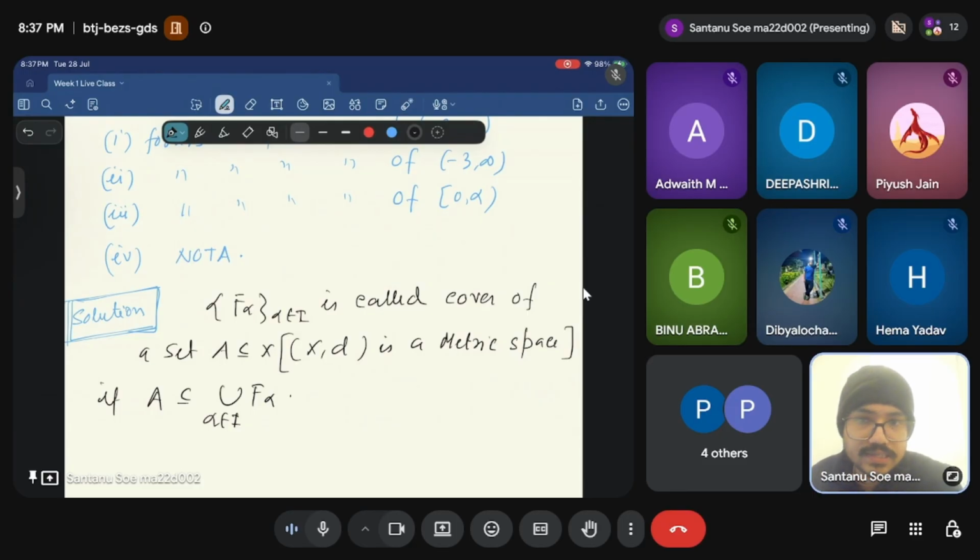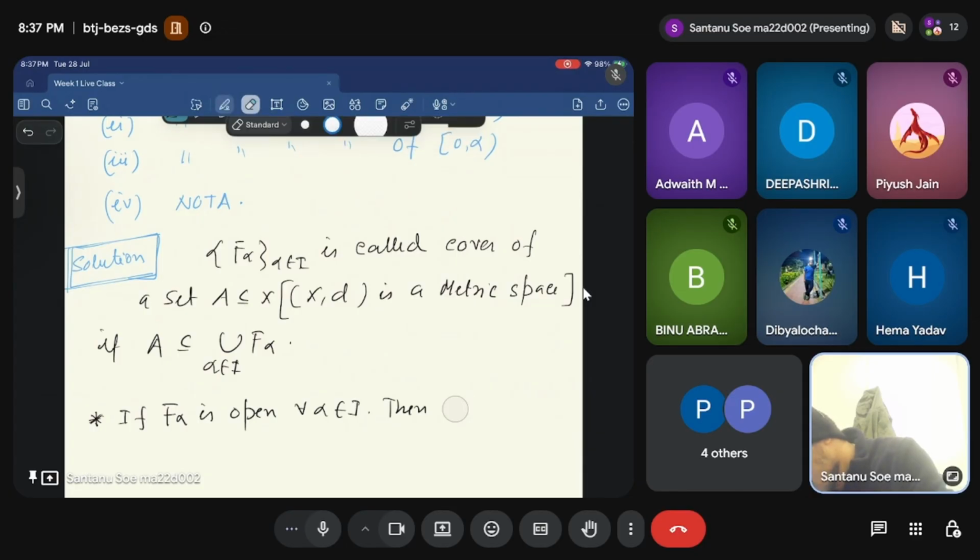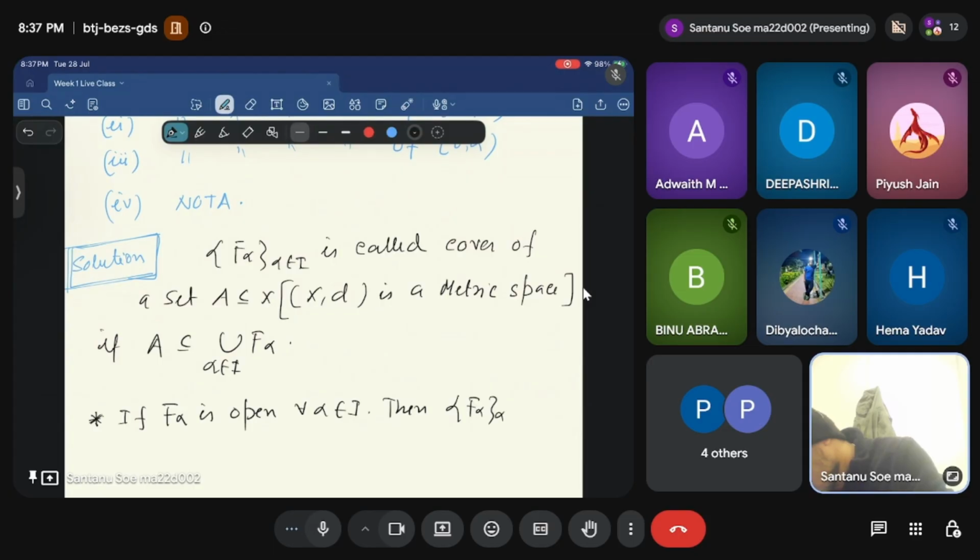Now if each set alpha is open for every alpha in I, then this collection is called an open cover.